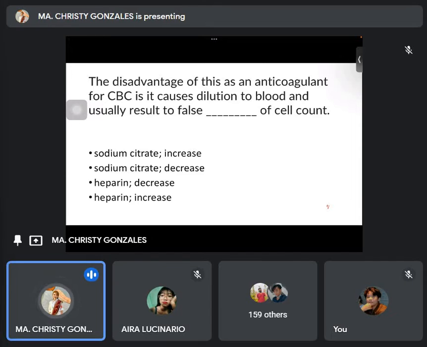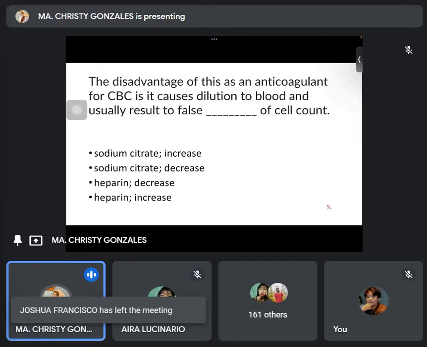Since madadilute siya, madadagdagan yung fluid. So if you're going to get an aliquot or a sample, that would be producing low cell count. Parang pagka nagtitimpla kayo ng juice, pag maraming tubig, matabang. So, just the same, pag na-dilute, bababa yung cell count.